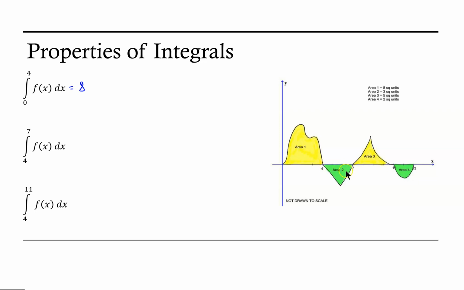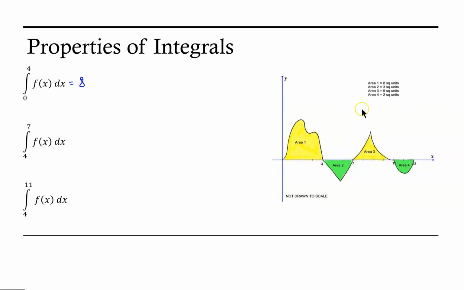Notice that that area lies below the x-axis, and for that reason, this area will be assigned a negative value. This is area 2, and we look at our data up here, and we see that that's 3 square units. So the integral from 4 to 7 of f of x dx will be negative 3.